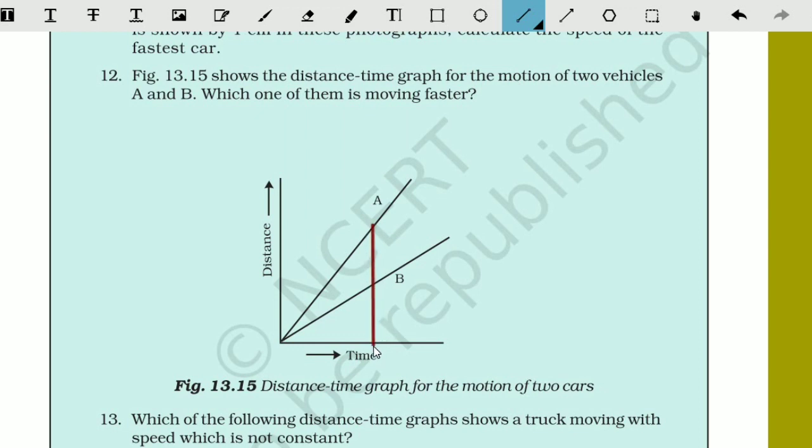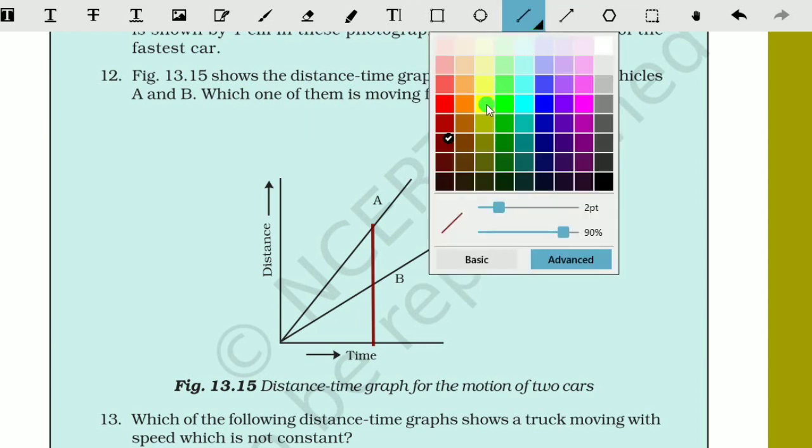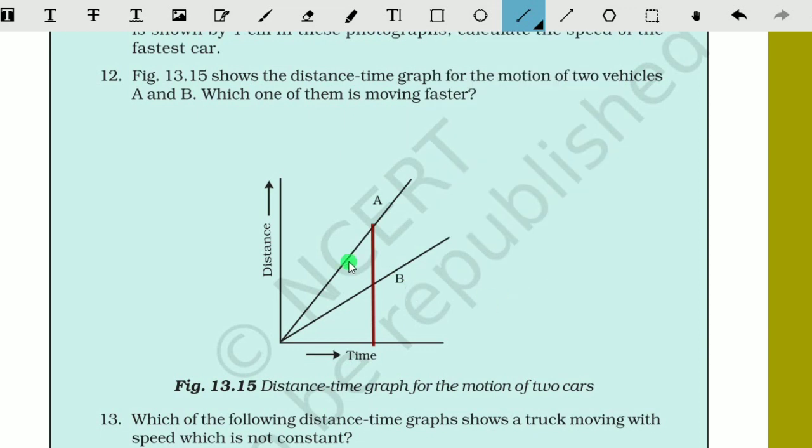Okay, I have drawn one vertical line from a point on the A graph, any point on the A graph. So we have fixed the time here.